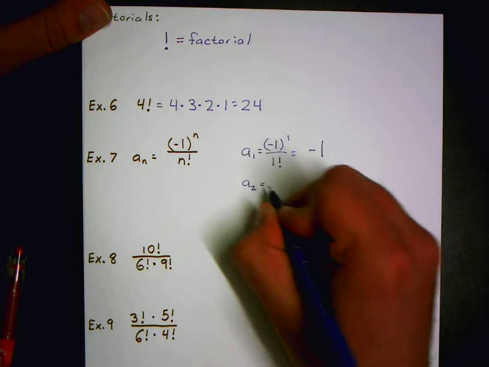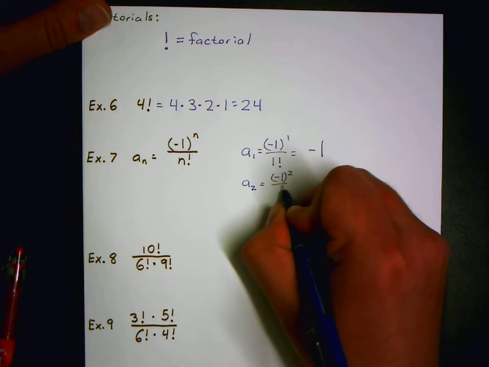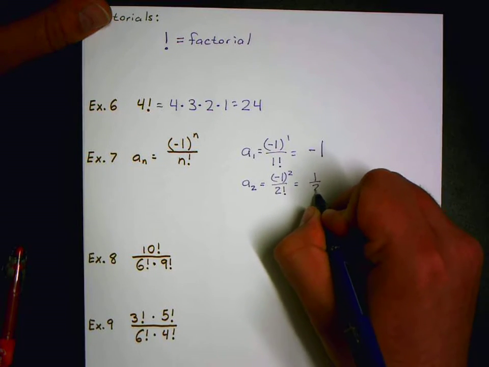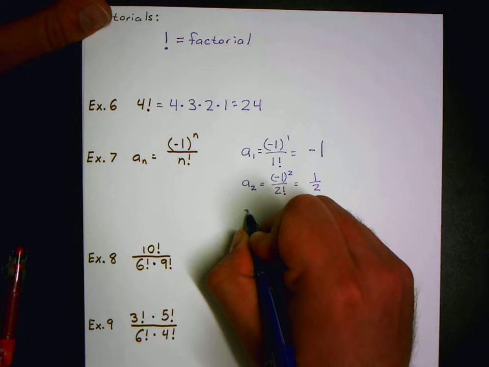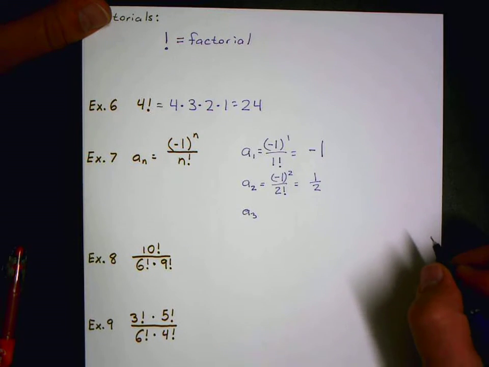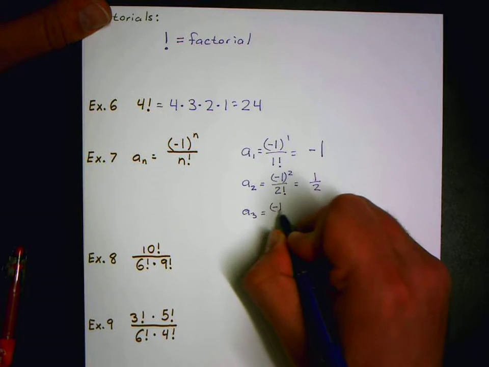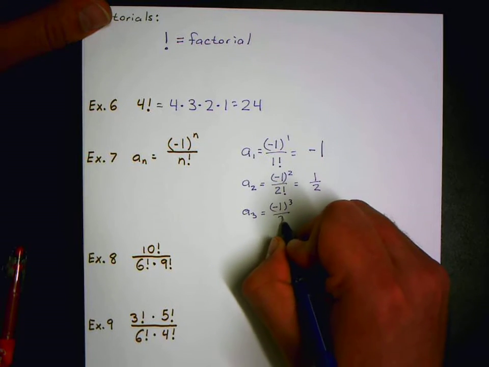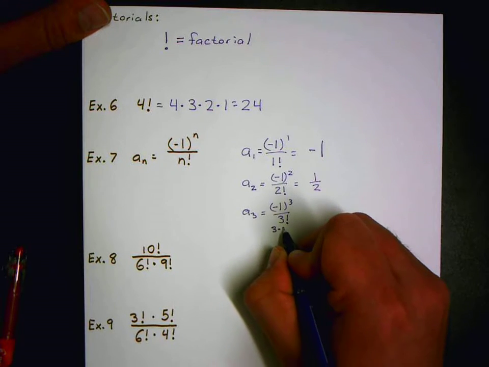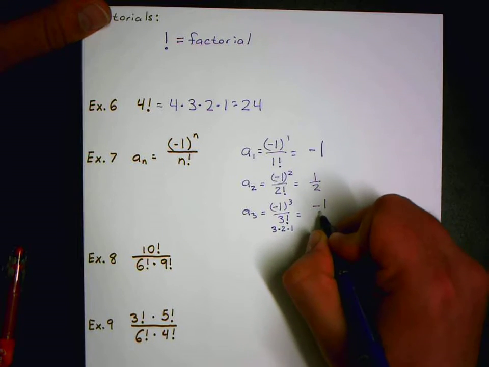A sub 2 would be negative 1 squared over 2 factorial, which would be 1/2. Because I just take 2 times 1. A sub 3 would be negative 1 cubed over 3 factorial. 3 factorial is 3 times 2 times 1. So it'd be negative 1/6.